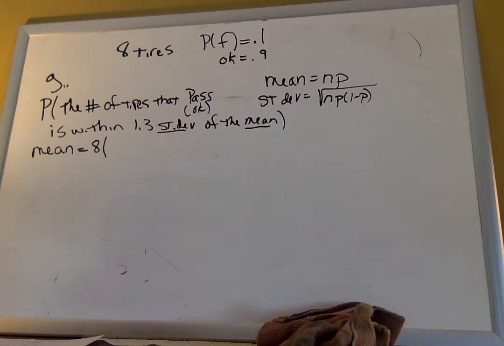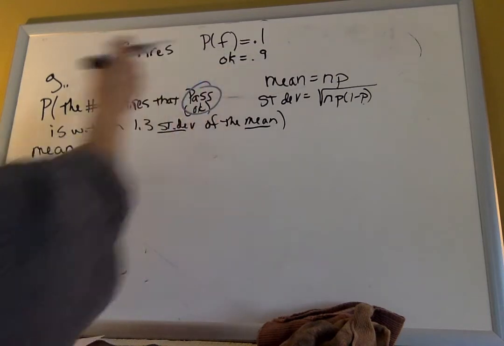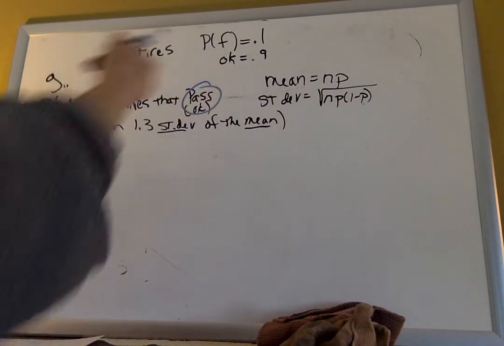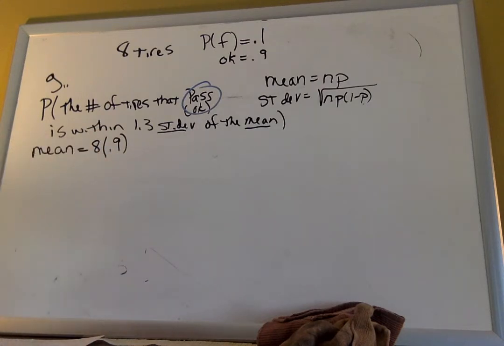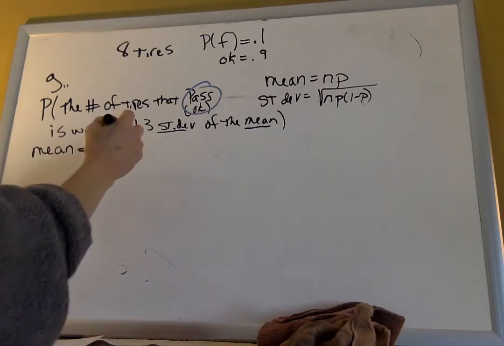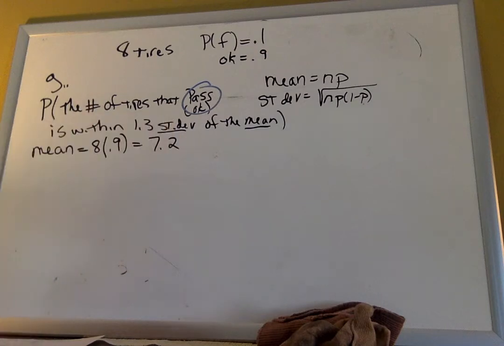So the probability, you got to be careful here. The probability of whatever is being asked in this problem is asking about okay tires. So we're going to use the 0.9 for the probability there. So you got to make sure you pick up the correct one. That gives you 7.2.